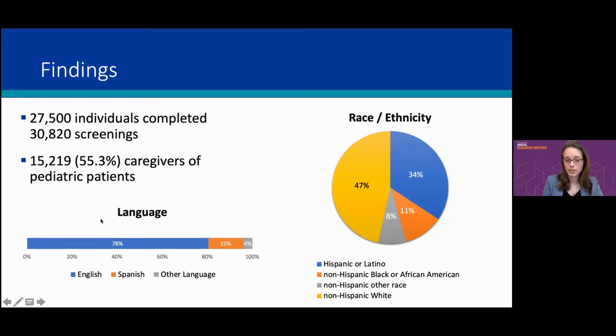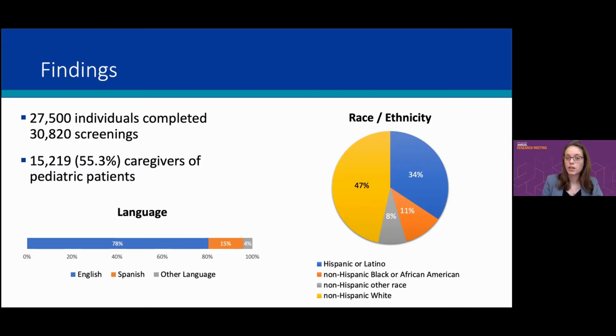Overall, 78% of our respondents spoke English, 15% spoke Spanish, and 4% spoke another language. Sometimes an interpreter will go through the screener with the patient. And then for race and ethnicity, at the time these responses were documented, our electronic medical record lists race and ethnicity as a single field.